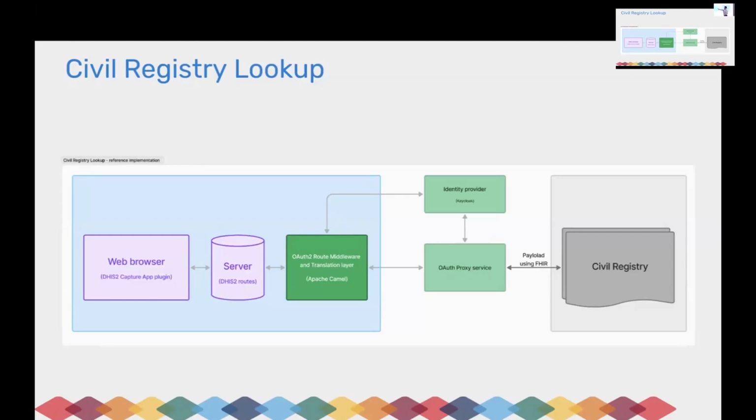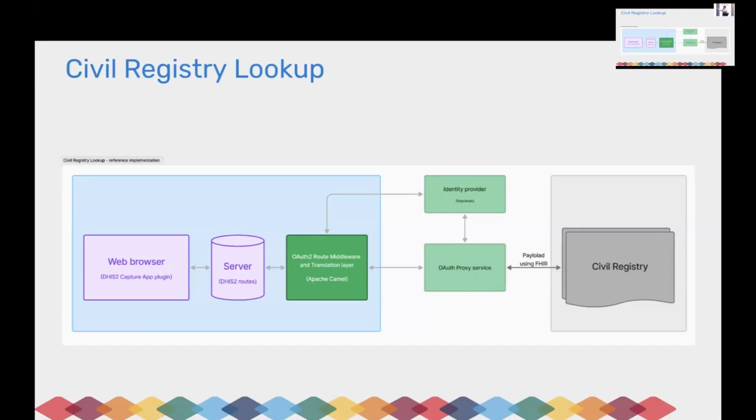Why has this middleware been set up? It's because the thousands of users that you have in your system do not necessarily have access to the civil registry. So that middleware handles the transaction and is always in the authenticated state.